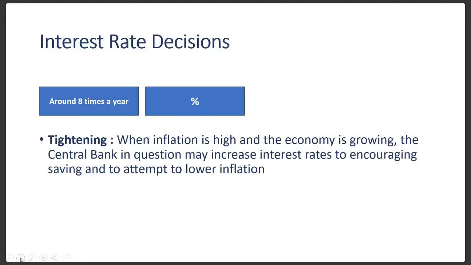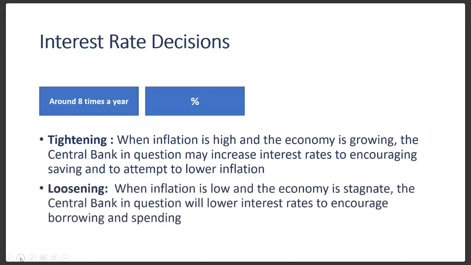The opposite of tightening is called loosening. Central banks do this when inflation is low and the economy is stagnant, to encourage growth and to boost the economy. They loosen interest rates, as in lower interest rates.